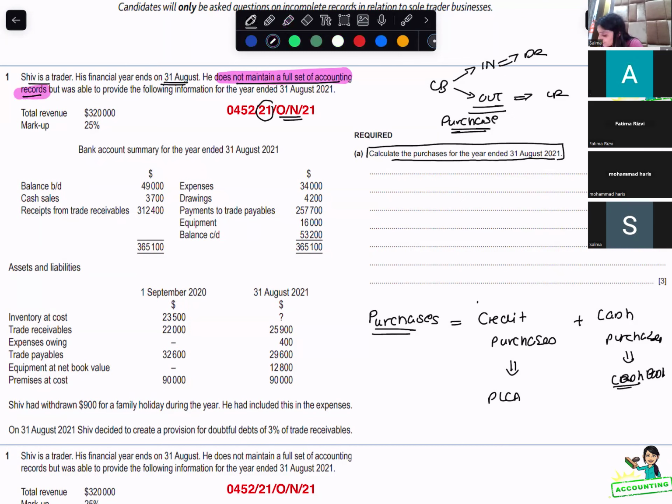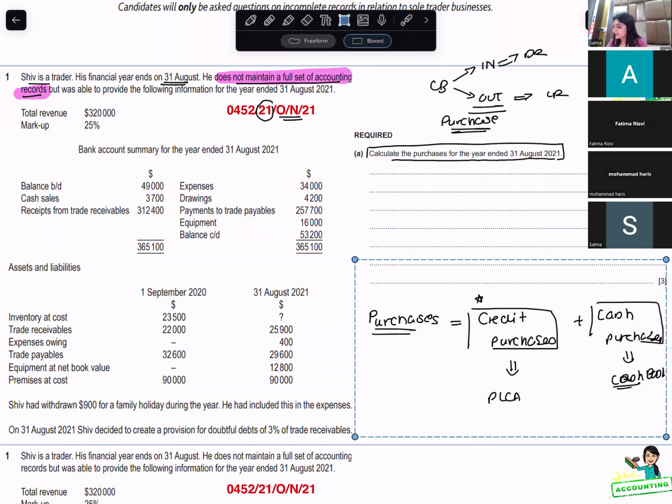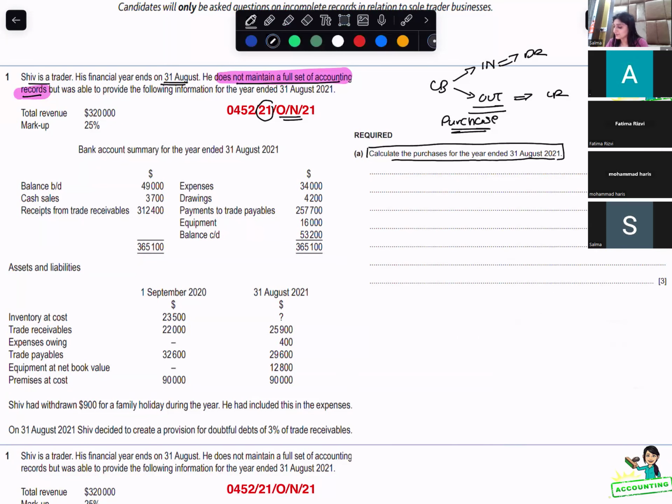I know that purchases is made up of credit purchases plus cash purchases. Are you with me? So when I am talking about purchases, I have to make which account? PLCA. For purchases, I will go and mark everything that relates to purchases.